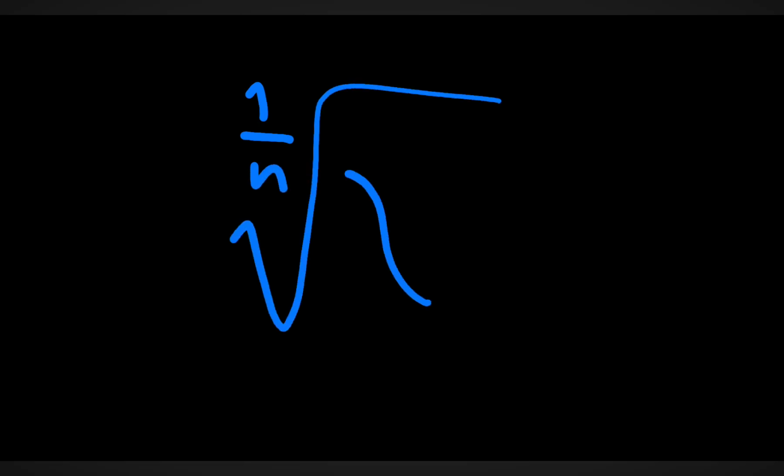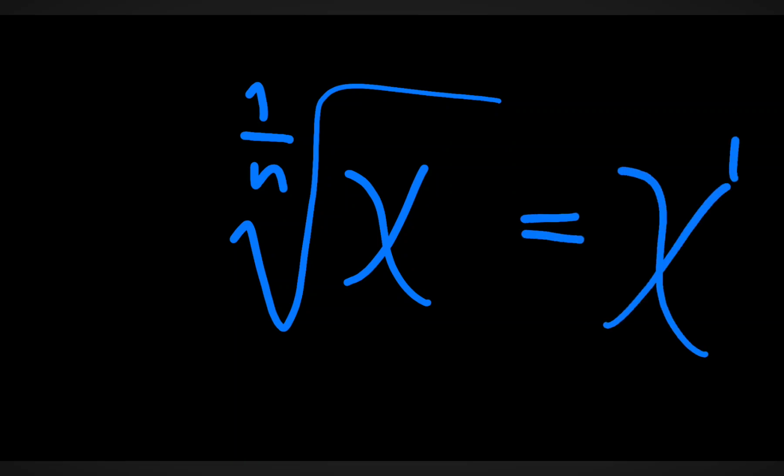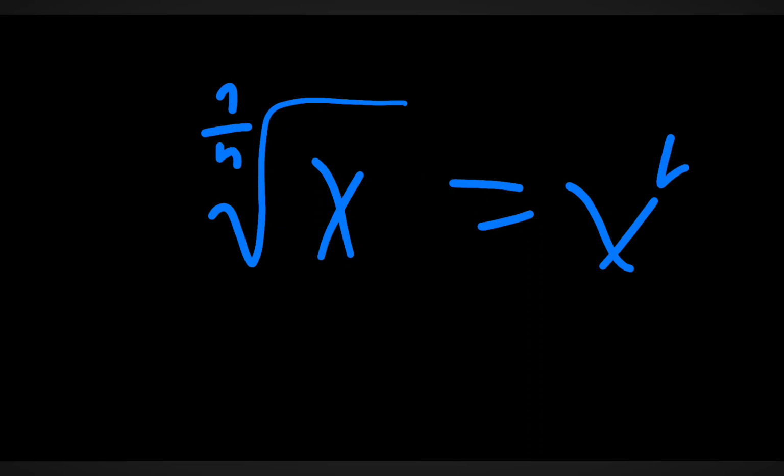We know that 1 over n root of x is equal to x to the power of n. And it may look weird unless you write x to the n. That doesn't look like an n. x to the nth power.